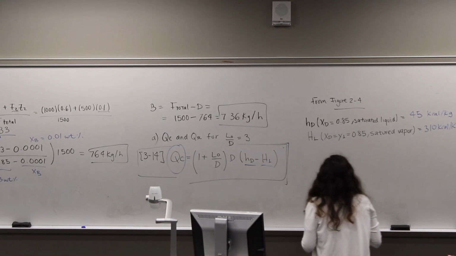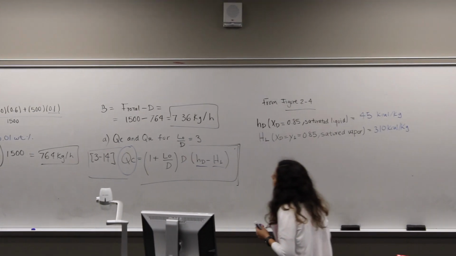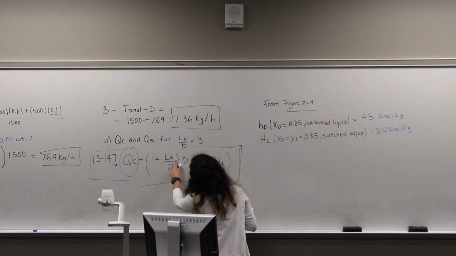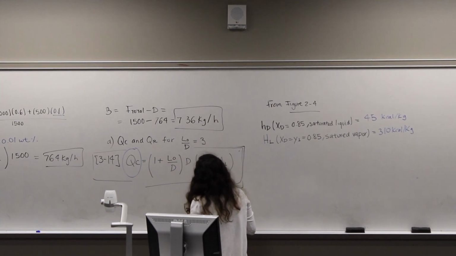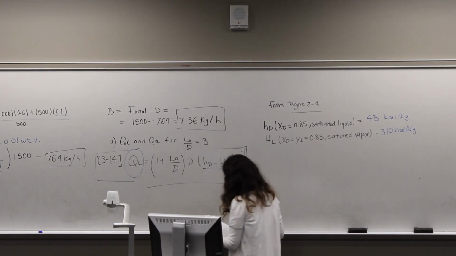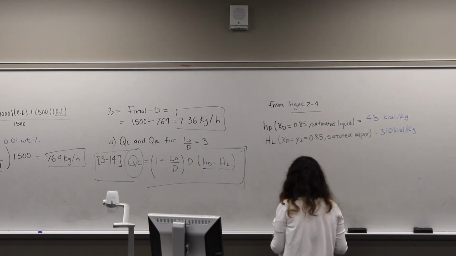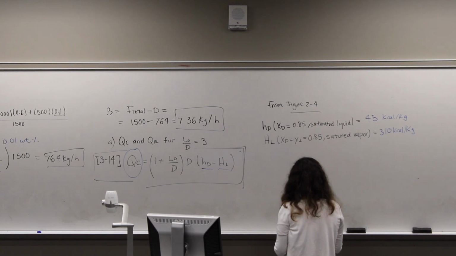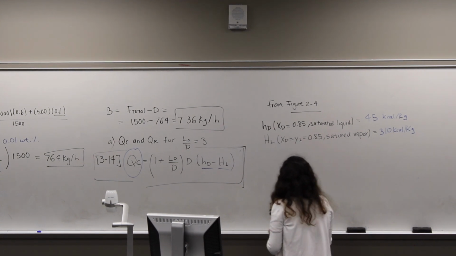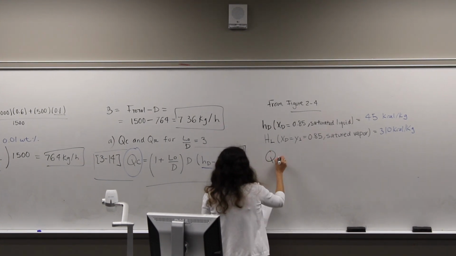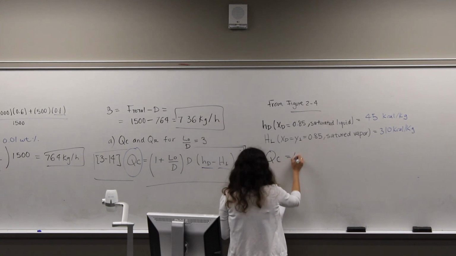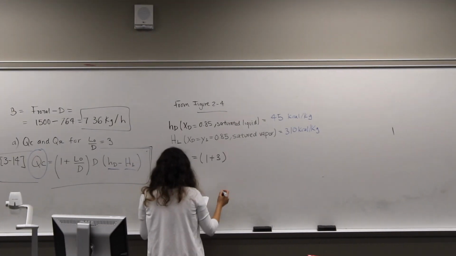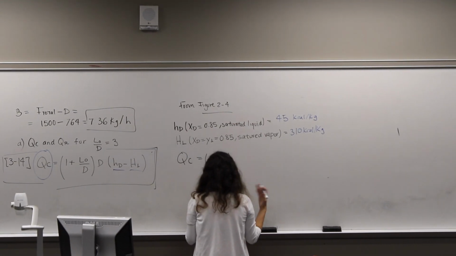Let me know how much you get. You have already the enthalpies, and we are given this ratio of L over D equals 3. I'm going to put my numbers here so you can compare. So 1 plus 3. And we calculated in the previous page the distillate.